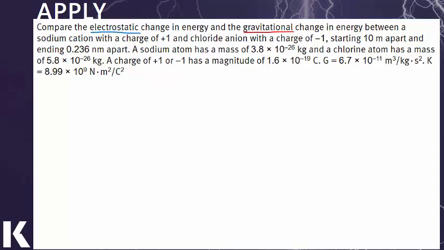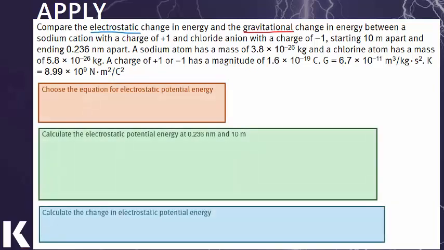And then we're given some information about the mass, the charge, and the constants. Now let's start with the electric potential energy. There will be three parts to this. First of all, we'll have to choose the equation for electrostatic potential energy so we know what we need to plug in. And our equation for electric potential energy is KQQ over R.